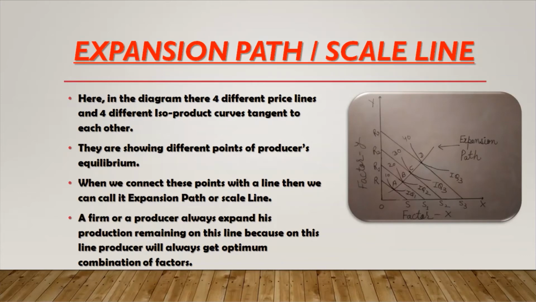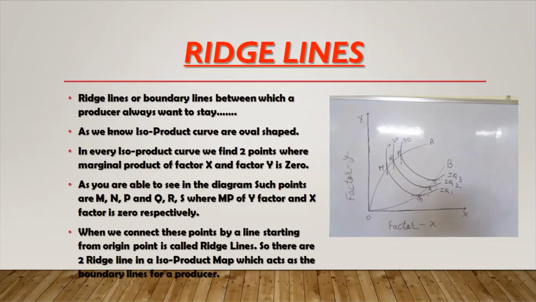When we connect these points with a line, we get the expansion path or scale line. A firm or a producer always expands his production staying on this line, because on this line the producer will always get the optimum combination of factors.